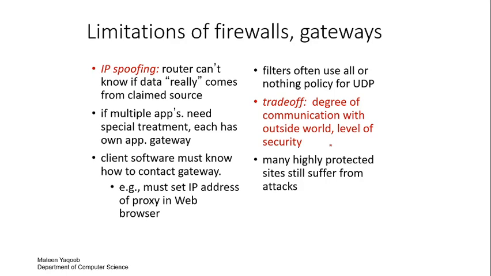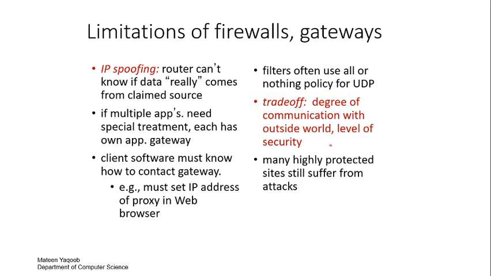If multiple applications need special treatment, then each will have its own application gateway. The client software must know how to contact the gateway, so the IP address of the proxy is set in the web server, and then all the packets are sent to that application gateway.